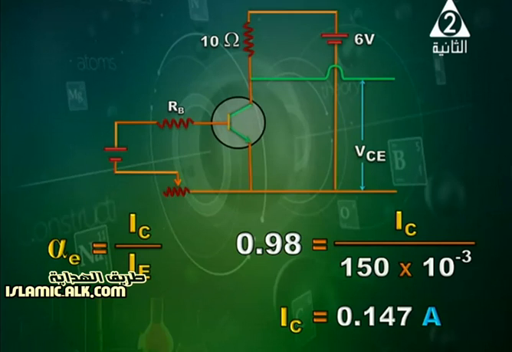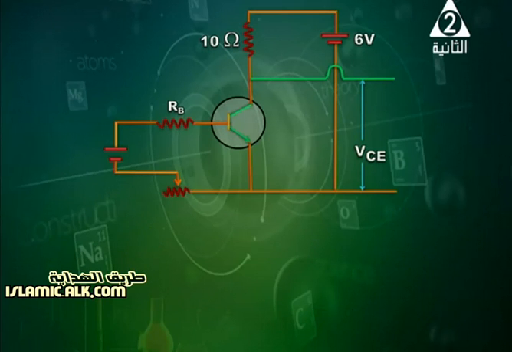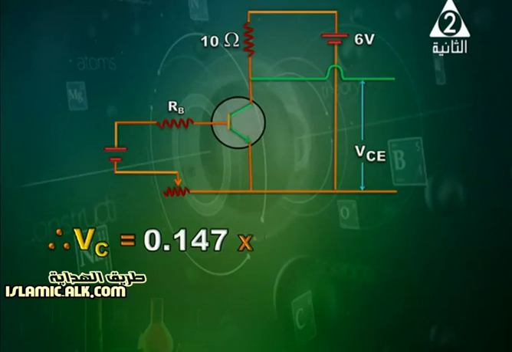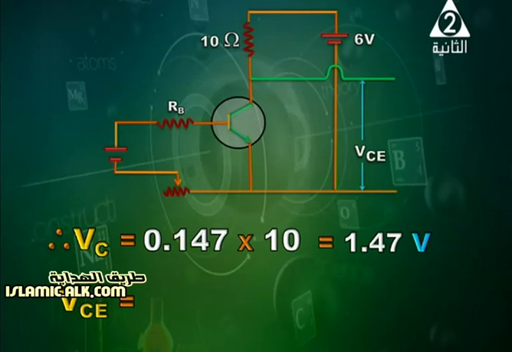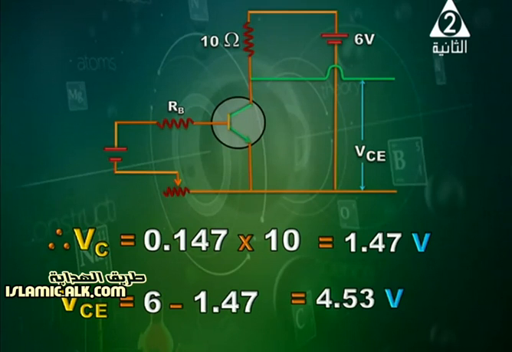We managed to obtain the collector current, so we can obtain the voltage across the collector. It is IC RC. VC equals IC RC, so it is 0.147 times 10, it is 1.47 volt. And VCE is the difference between the 6 volt battery and VC. So 6 minus 1.47, it is 4.53 volt.